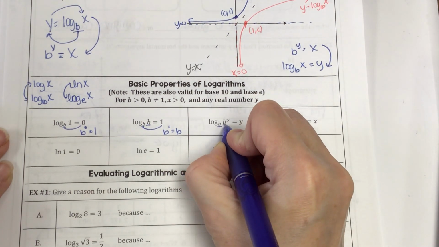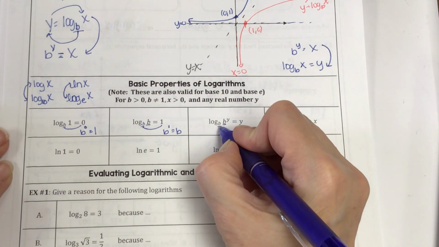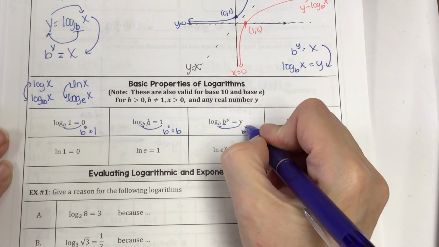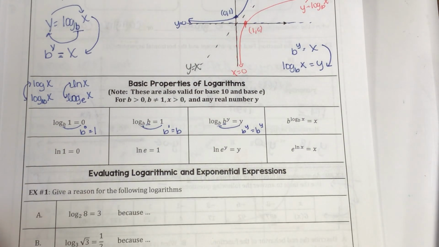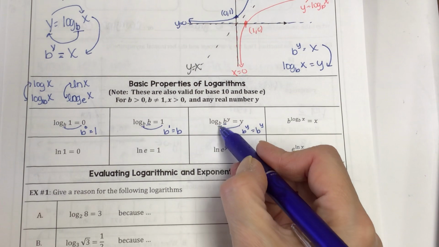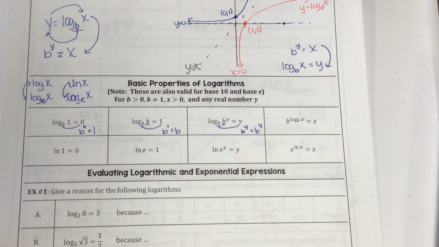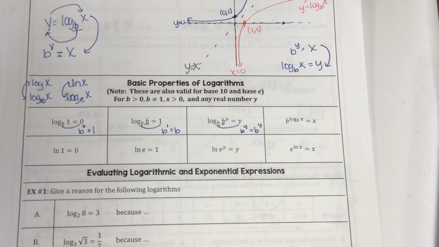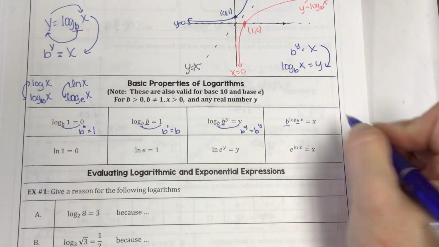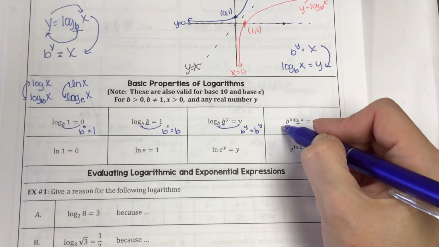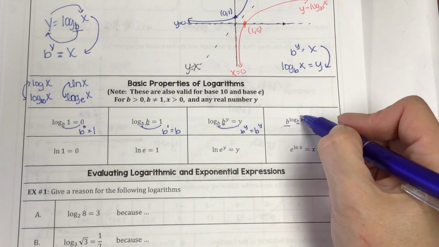Here, log base b of b to the y equals y. Well, b to the y equals b to the y, yes? Change that to exponential form. So anytime these two match, your answer for the logarithm would just be the exponent there. And here, if these two bases are equal, then it will equal this right here.